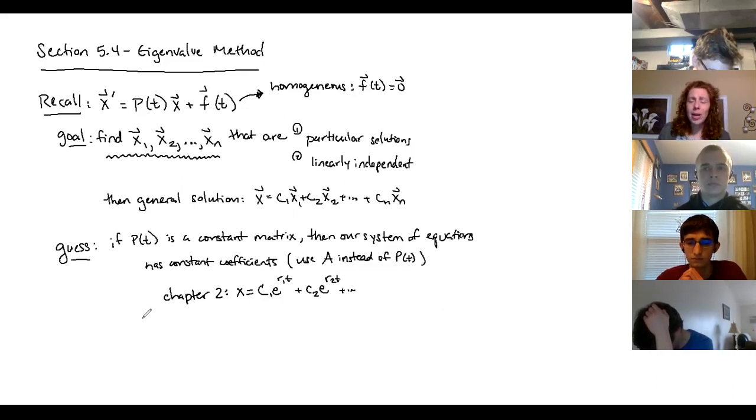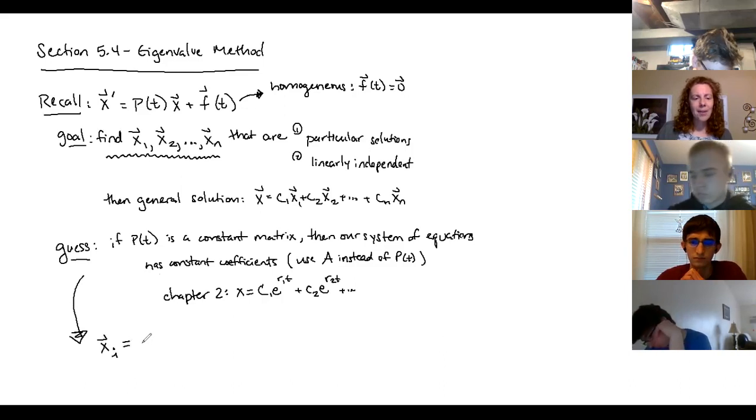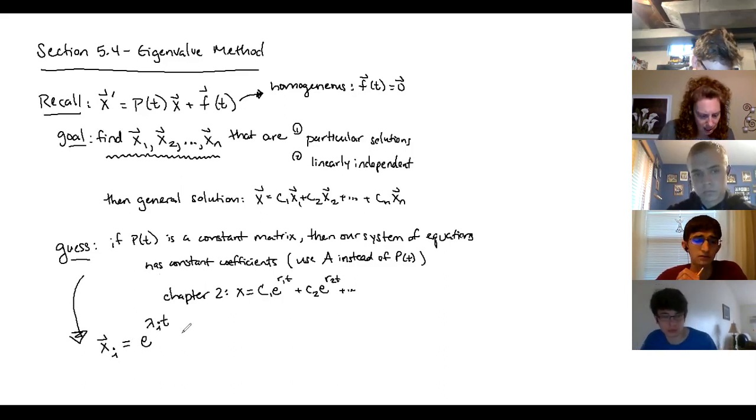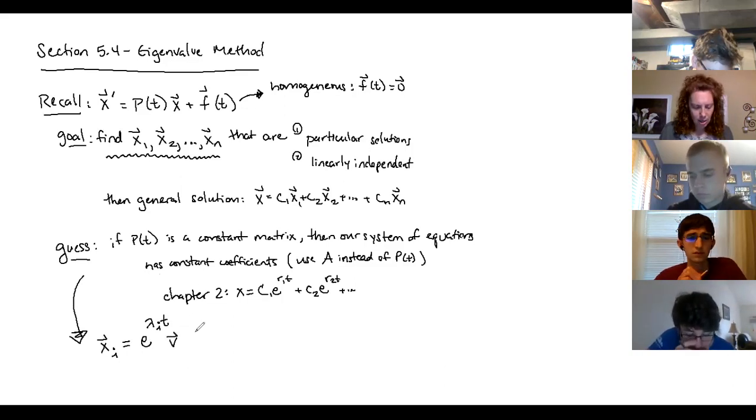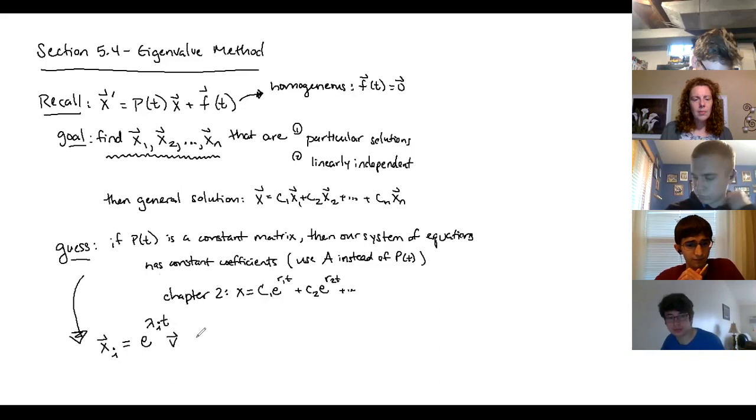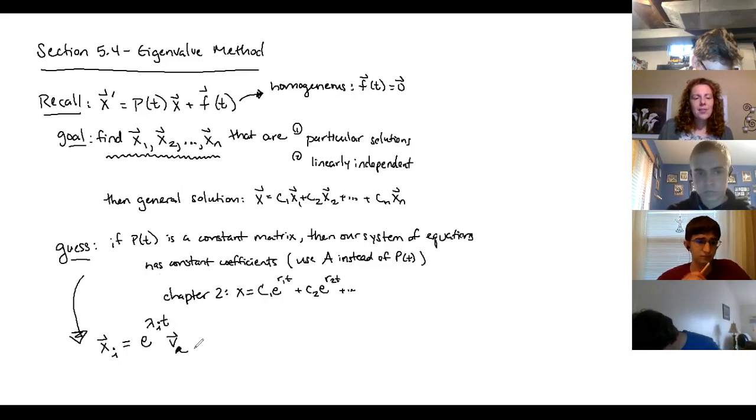So we're going to say, okay, this worked out pretty well last time. Let's make that our guess again this time. Our guess is that vector x sub i is going to be e to the lambda i t times some other vector v. This vector v is kind of like our unknown constant.